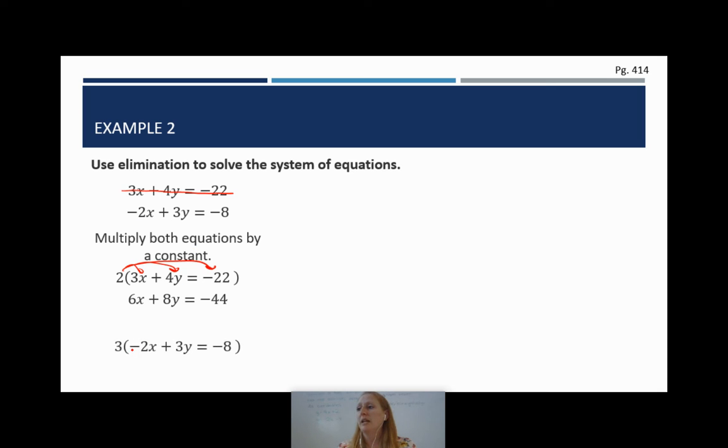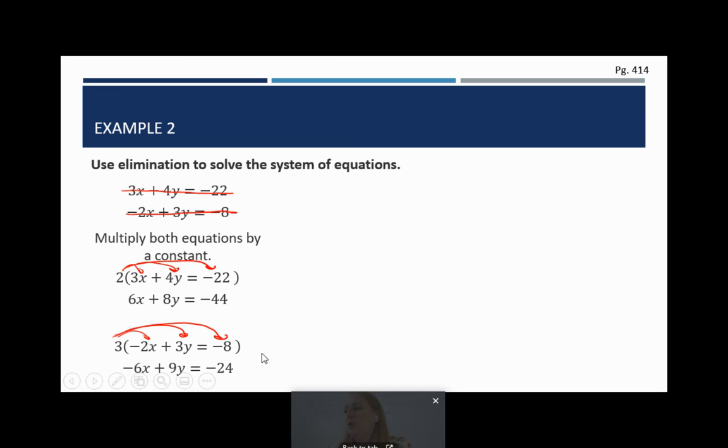So I'm going to take that second equation, I'm going to multiply it by 3. So distribute, distribute like crazy. 3 times negative 2x is negative 6x. 3 times 3y is 9y. And 3 times negative 8 is negative 24. So instead of this equation, we're going to use this one now. All right, I've created 2 new versions of my equations, and so I'm going to add them together.